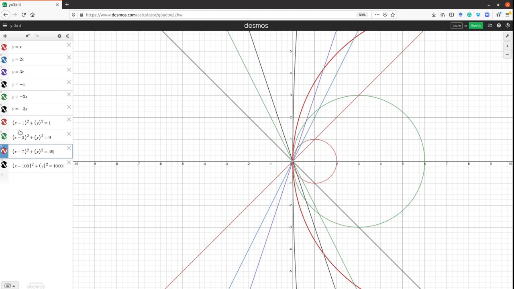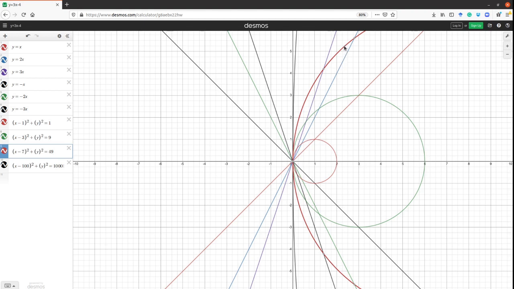And I have also drawn the circles with center 0, 1 and radius 1, center 0, 3 and radius 3, center 0, 7 and radius 7, and center 0, 100 and radius 100. So this red circle over here has center at 1 and radius 1. This green circle has center at 3, 0 and radius 3.